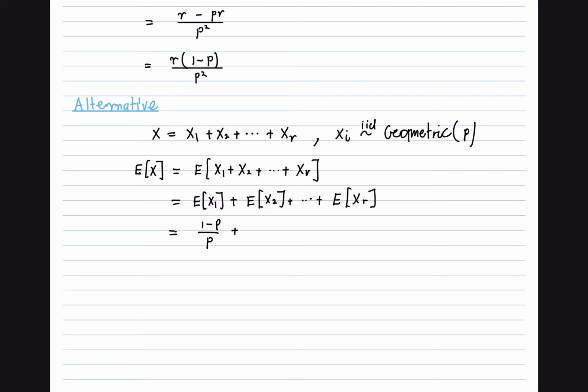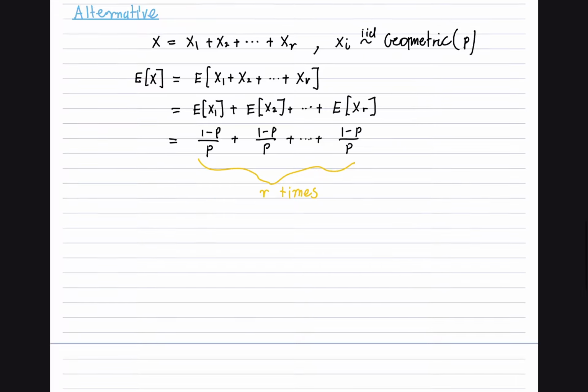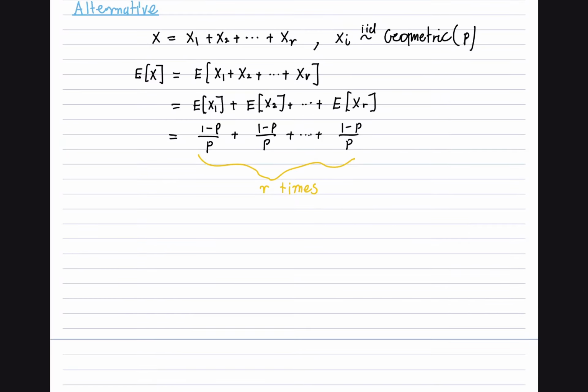And then the next expression again is the same, 1 minus p on p, plus dot dot dot, plus 1 minus p on p. And of course, how many times have we added that up? r times, because we're summing r geometric random variables. And therefore, we could simply say that is r times 1 minus p over p.